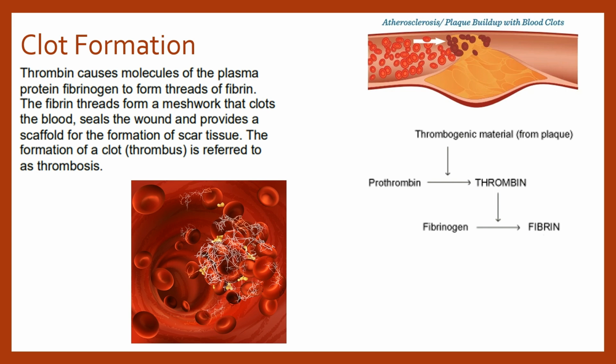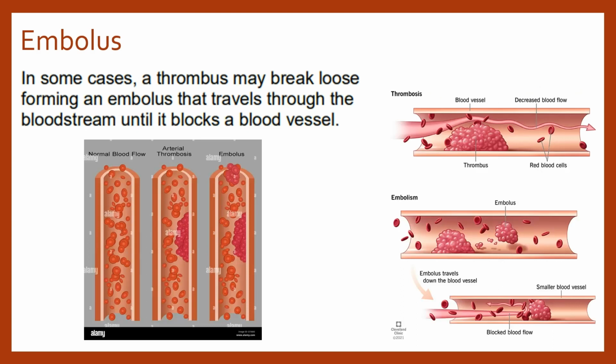Normally this would be a life-saving mechanism, but when the damage is due to atherosclerosis and not a physical injury, it only serves to aggravate matters further, because one of the major risks of a blood clot forming under these circumstances is that a portion of that thrombus may break loose from the artery wall and travel in the bloodstream as an embolus, where it can then go on to block up another blood vessel.